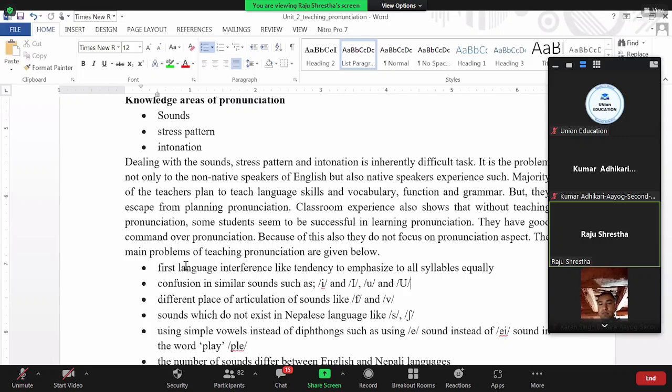Second is confusion in similar sounds such as long e and short e, long u and short u. We are confused about pronouncing e and u, long sound or short sound. Third, different places of articulation of sounds like fa and ba.